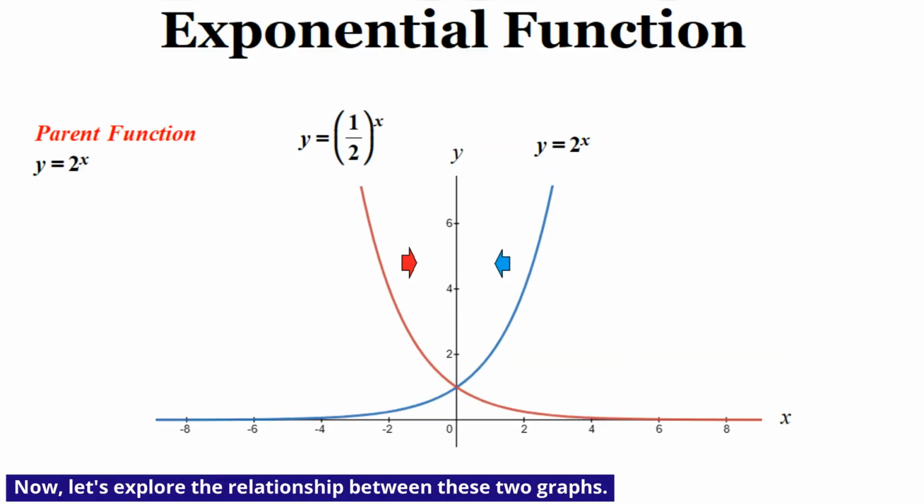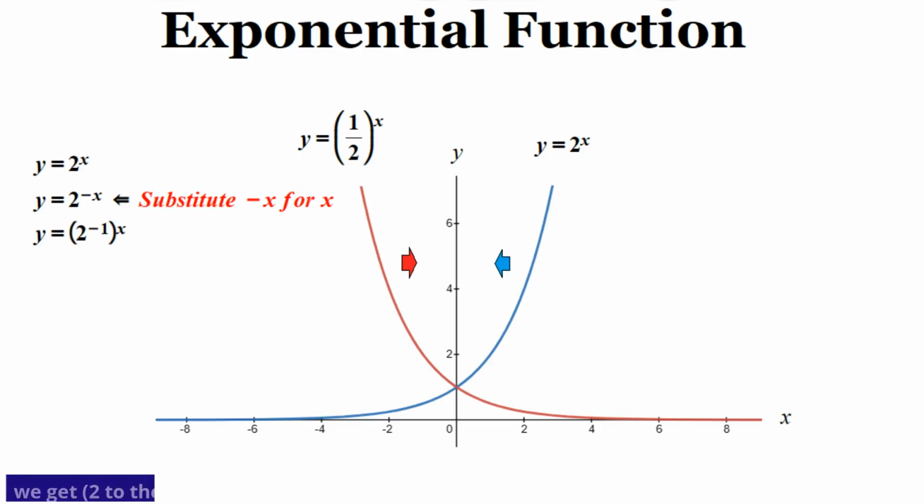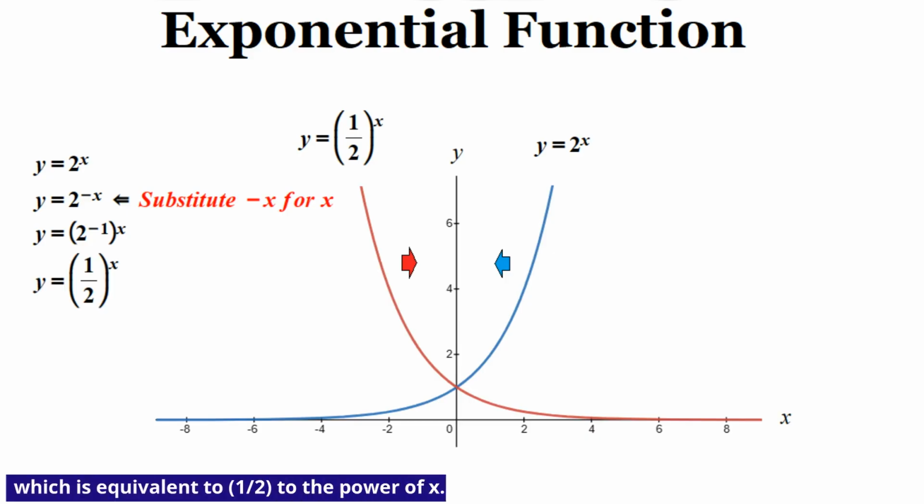Now, let's explore the relationship between these two graphs. If we substitute negative x for x in the parent function, we get 2 to the power of negative x, which is equivalent to 1/2 to the power of x.